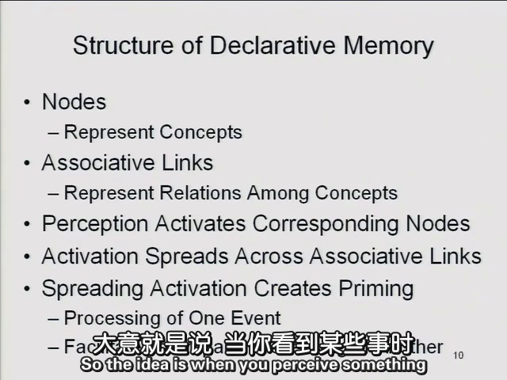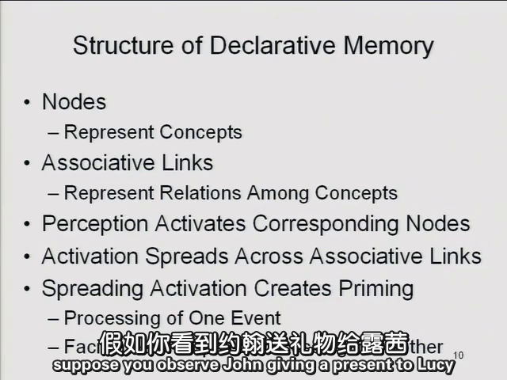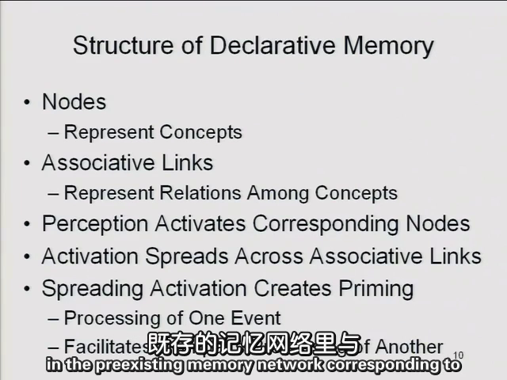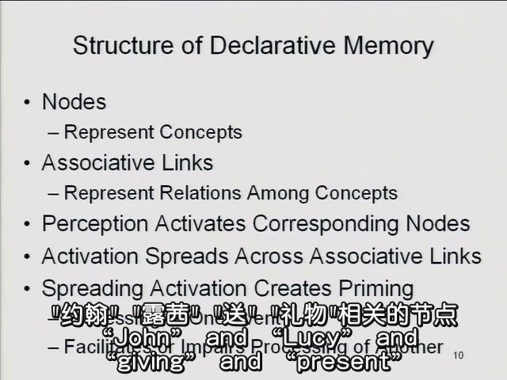So when you perceive something, suppose you observe John giving a present to Lucy, that act of perception will activate nodes in a pre-existing memory network corresponding to John and Lucy and giving and present.